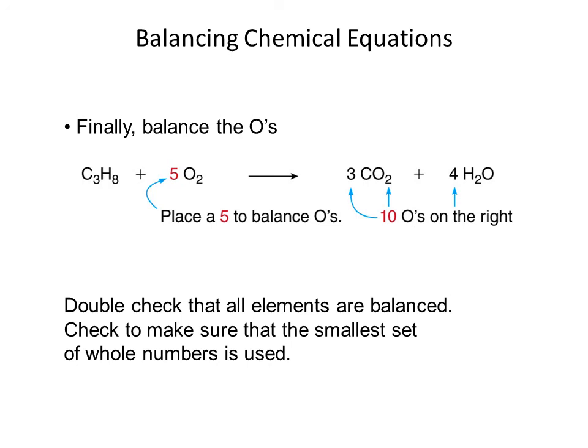Also make sure that you have the simplest ratio in your reaction. For instance, if you balance this reaction, you came up with a coefficient of 2 in front of the propane, 10 in front of the oxygen, 6 in front of the carbon dioxide, and 8 in front of the water, you would see they are all divisible by 2. So you would simplify it and divide by 2.